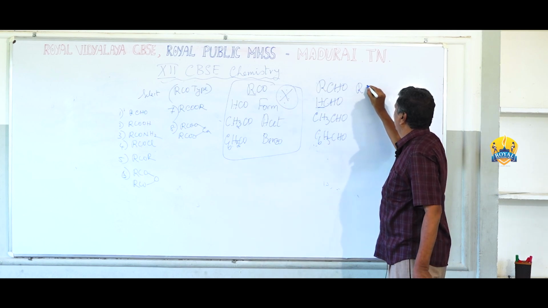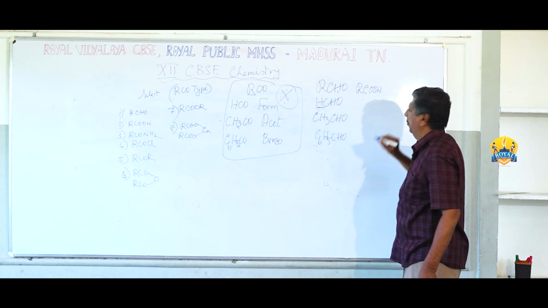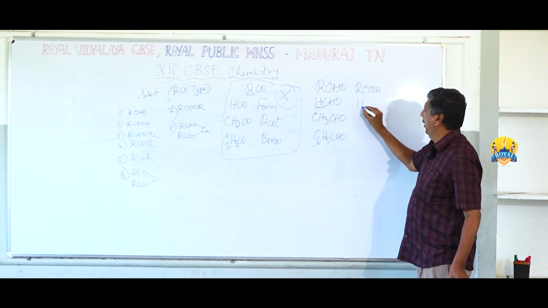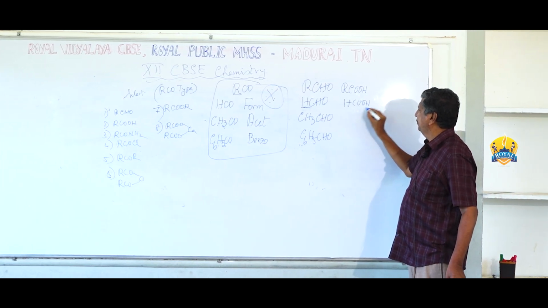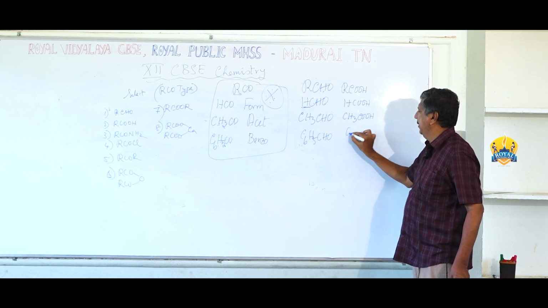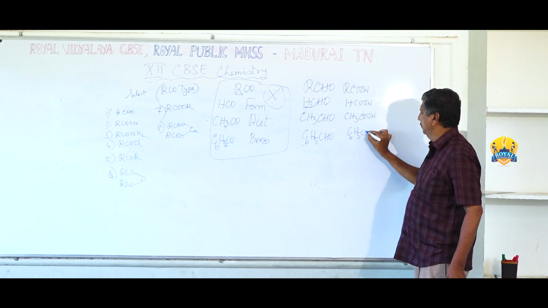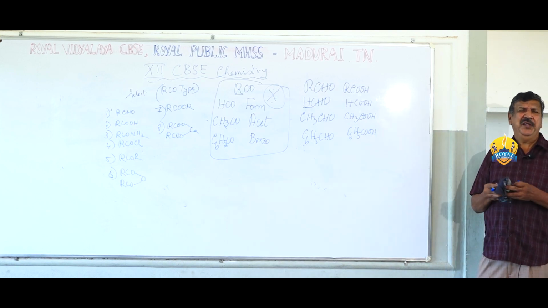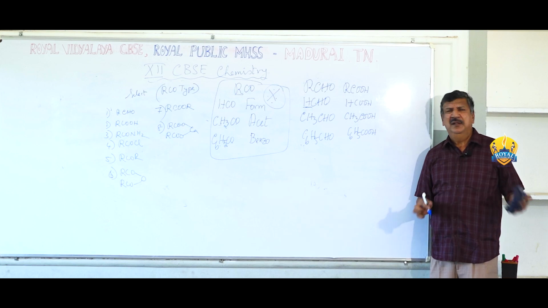Okay, next one. I am choosing this functional group. I am writing the usual 3 compounds, the same 3 compounds, like this. Now you can name them yourself. Very easy. How will you name?